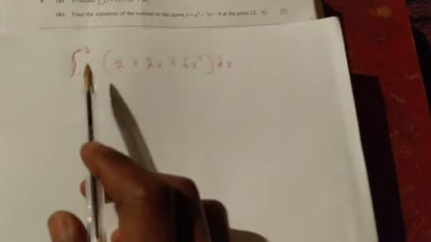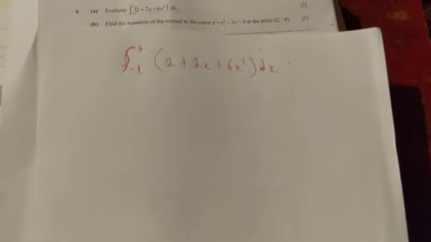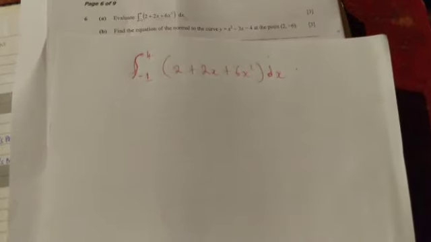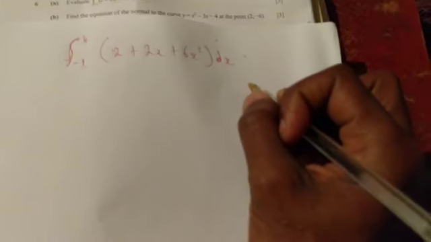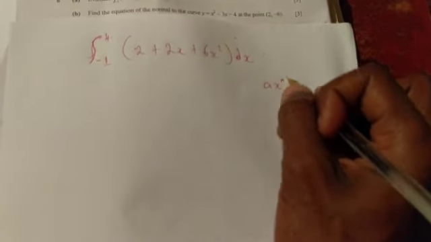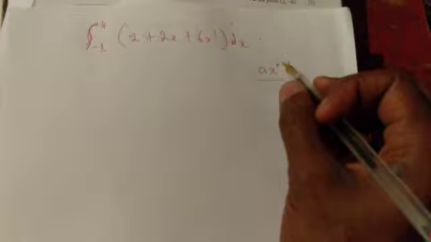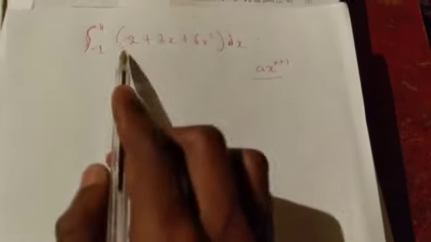Once you see this integral, what should come to your mind is: I'm integrating, not differentiating. When integrating, you need to remember this formula: ax to the power n plus 1, over n plus 1.